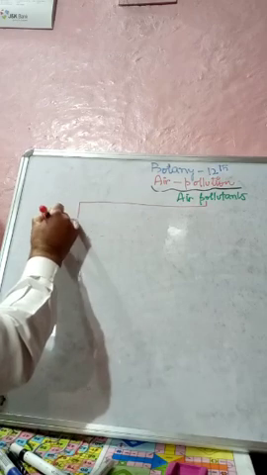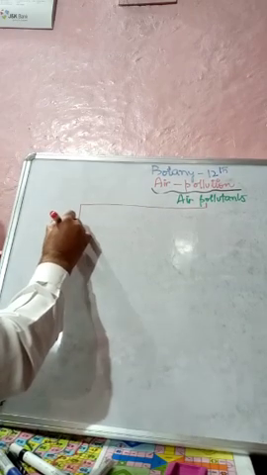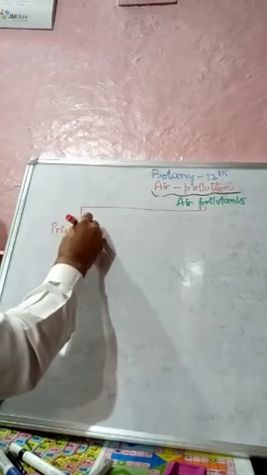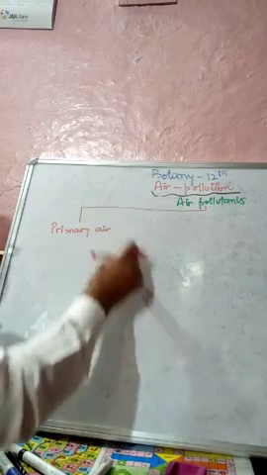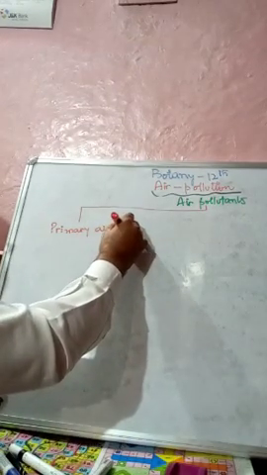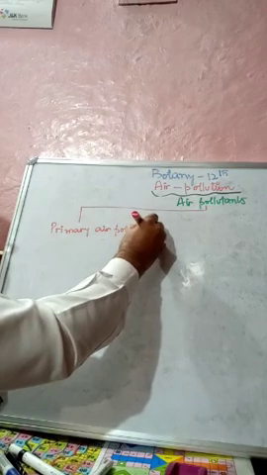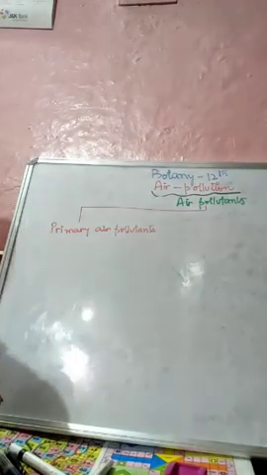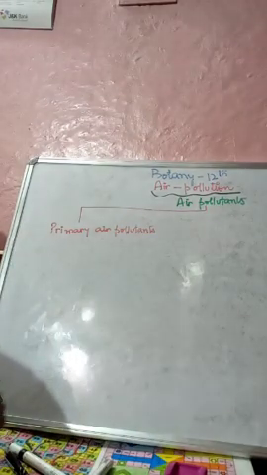First one is called primary air pollutants. And in these primary air pollutants, we have various types.